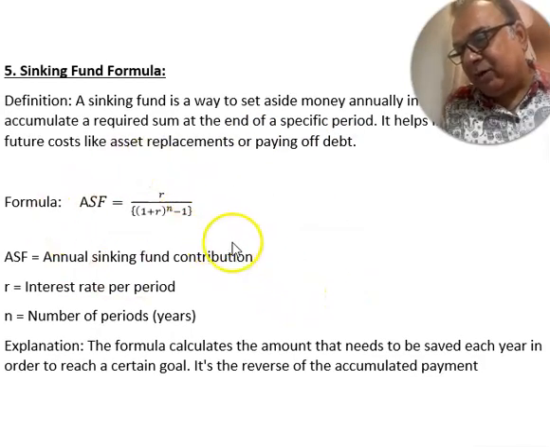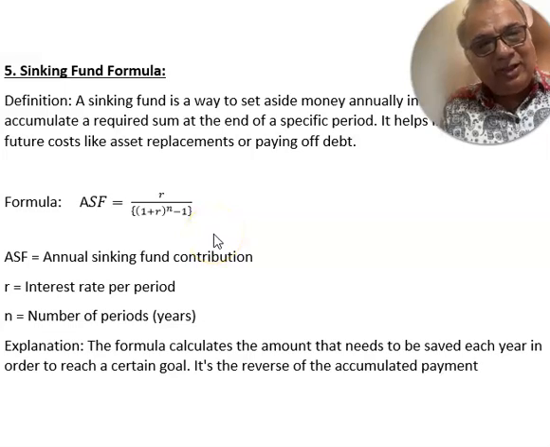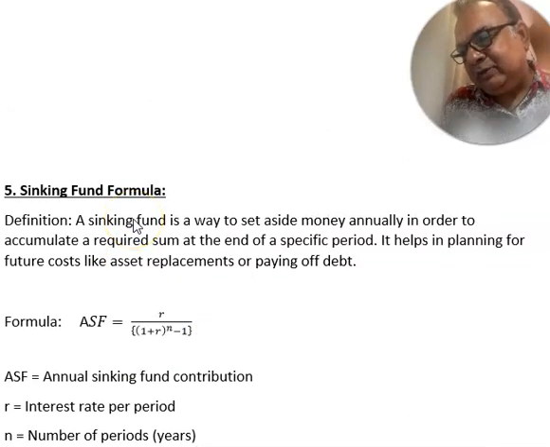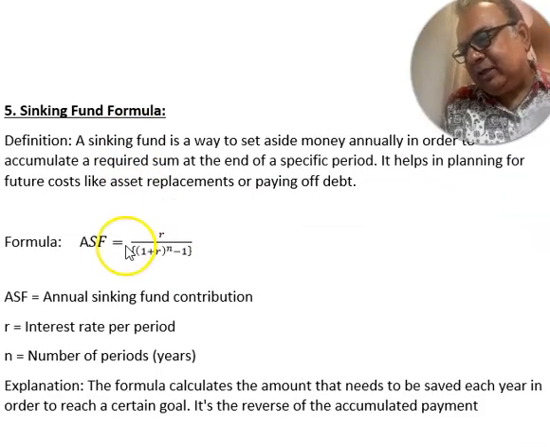For this sinking fund formula, if you remember the accumulated sum formula, you will get it automatically. You reverse the accumulated sum formula, you will get the sinking fund formula.